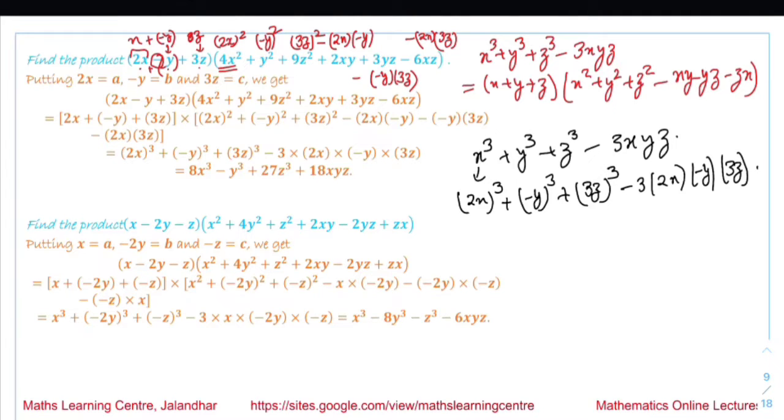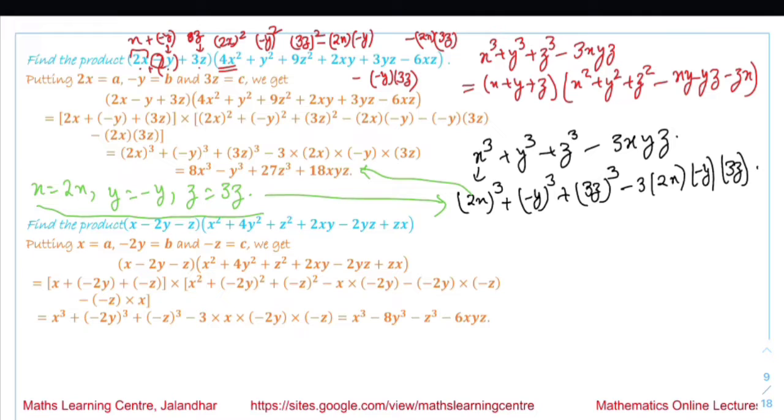You can write over here that the value of x is 2x, the value of y is minus y, and the value of z is 3z. So when you solve these values, we have substituted these values, we have obtained this, and you will get the answer in this form.